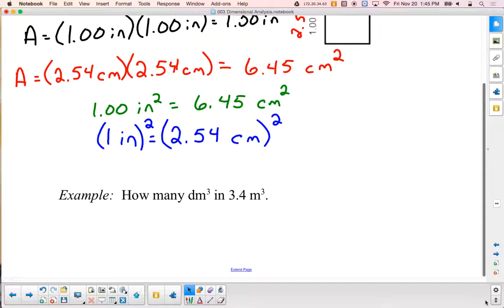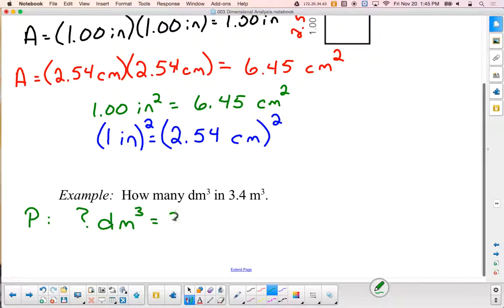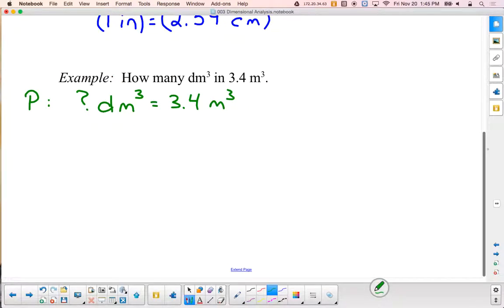So let's try an example. I want to figure out how many cubic decimeters are in 3.4 cubic meters. For the information part, we'll start with the relationship between decimeters and meters. 10 decimeters is equal to 1 meter.